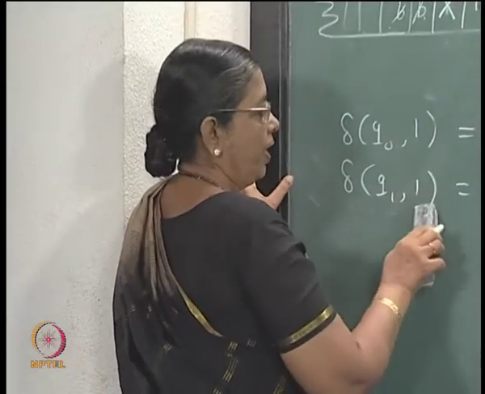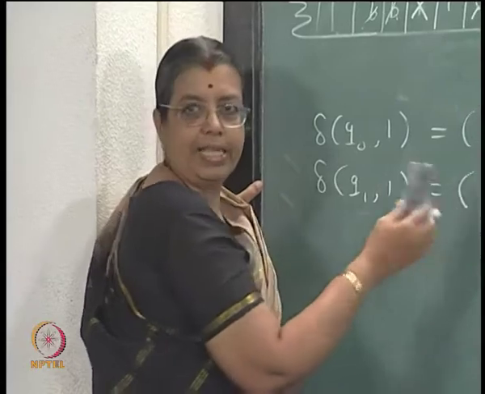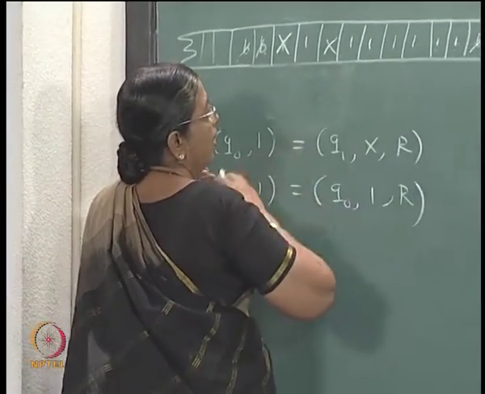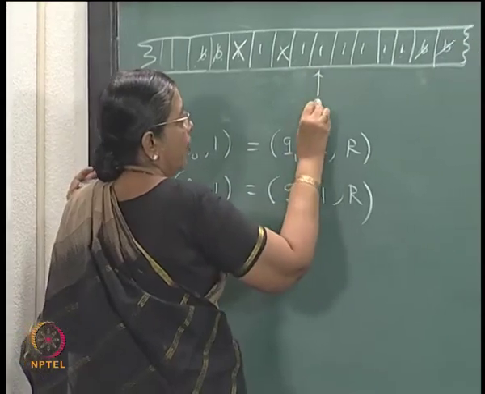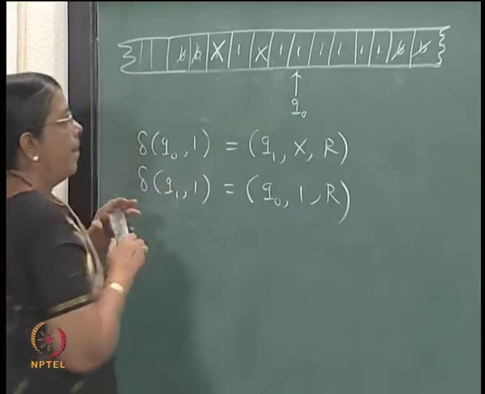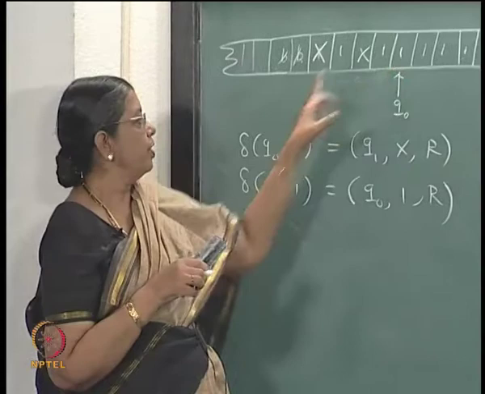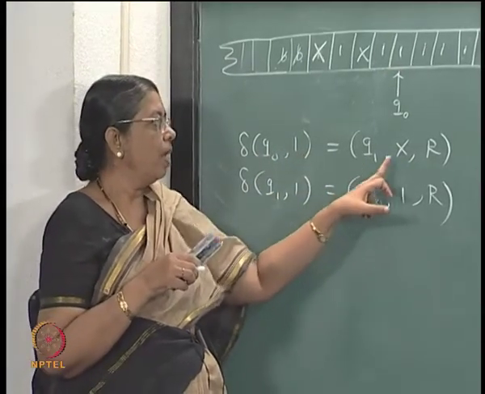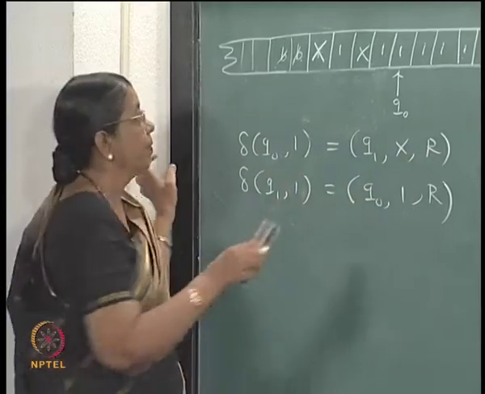In Q1 when you see a 1, you leave the 1 out, but change the state to Q naught. So, next instance you will go here in state Q naught, and in Q naught if you see a 1, you go to Q1, print an x and move right.